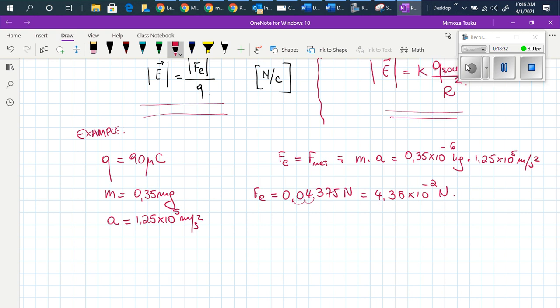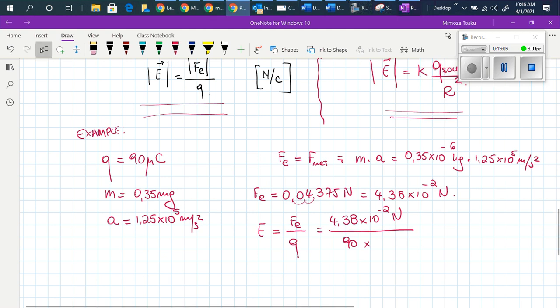Now, if we are finding the electric field strength, then we will use the formula that electric field strength is equal to electric force over Q, and those are magnitudes, so I'm not writing the vertical lines, but I'm just saying the magnitude here. So this will be 4.38 times 10 to the power of negative 2 newtons over 90 mu coulombs, which we convert into coulombs, so times 10 to the power of negative 6.